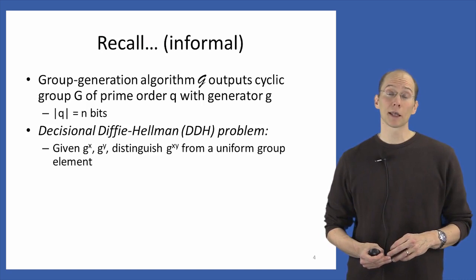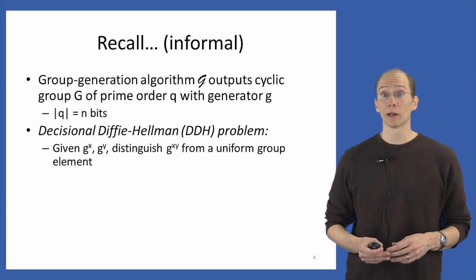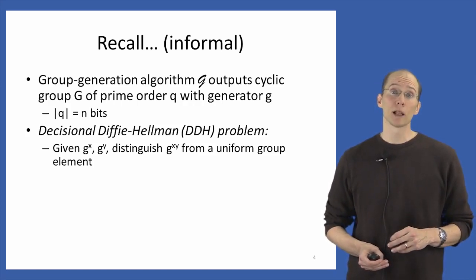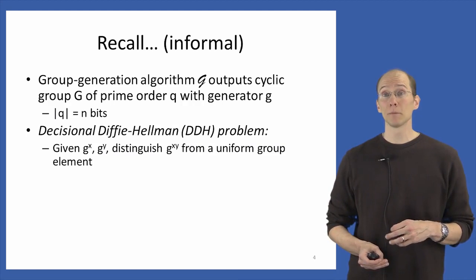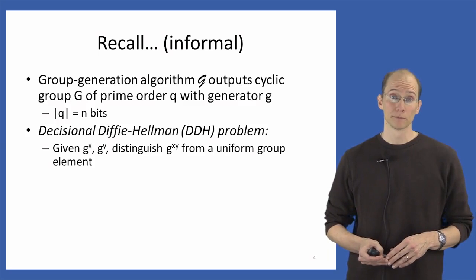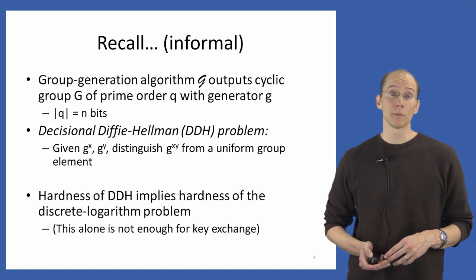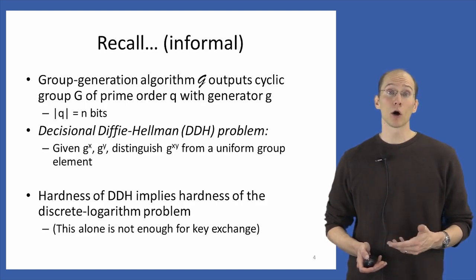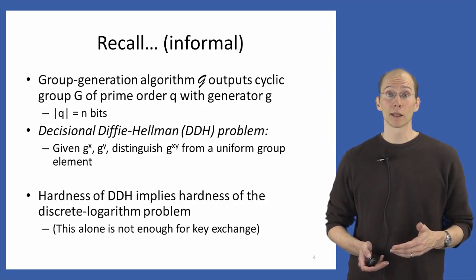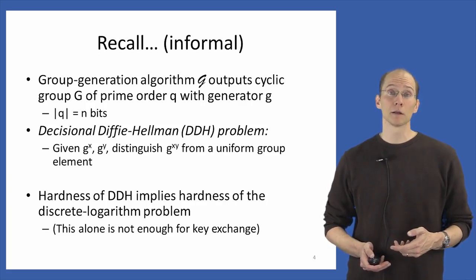Given elements g to the x and g to the y, where x and y are uniform exponents in the range of 0 to q minus 1, distinguish the group element g to the xy from a completely uniform and independent group element chosen uniformly from the group G. We said last week that the hardness of the decisional Diffie-Hellman problem in particular implies hardness of the discrete logarithm problem, that is, hardness of computing x from g to the x, and equivalently hardness of computing y from g to the y.